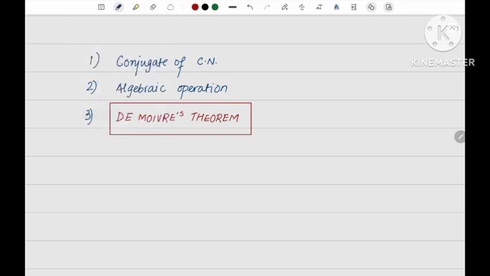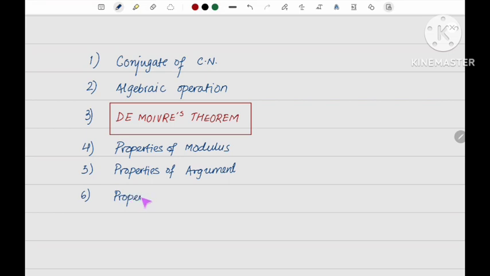Then next thing, after we see De Moivre's theorem, we will try to cover in this class itself the properties of modulus, followed by properties of argument, and then we will also see properties of conjugates.